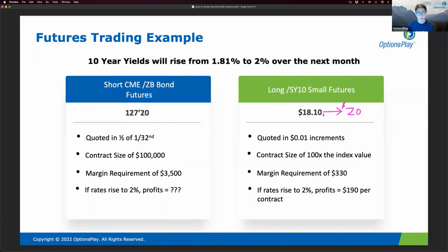It's really easy to calculate that. It's $20 minus $18.10, which is $1.90. Multiply that by the number of shares that you have. If you have 100 shares, that's $190 in profits. And that's what the small futures allows you to do. So if you're correct on your view that it goes from 1.81% to 2%, you'll make $190 per contract that you purchase of the SY10 future.